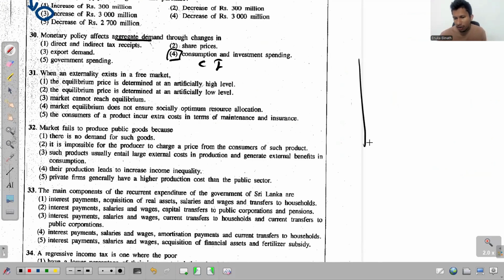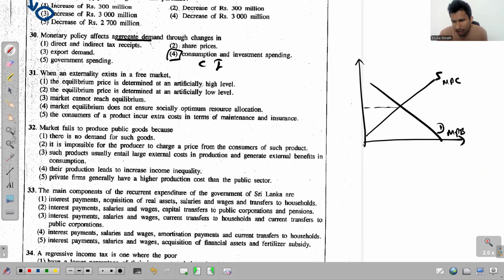If I draw the equilibrium, this is how we get the graphs. So let's say that this is the supply curve and this is the demand curve, and this demand curve is based on marginal private benefit and the supply curve is based on marginal private cost. So based on the marginal private cost and private benefit, equilibrium price is decided here and the equilibrium quantity is decided here.